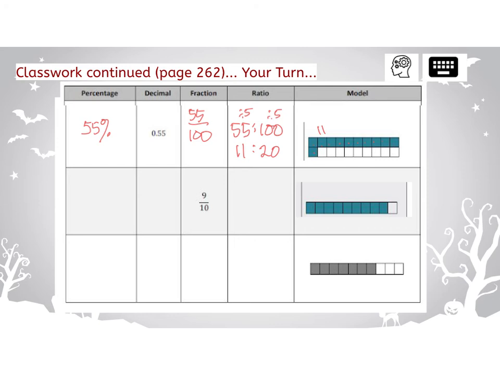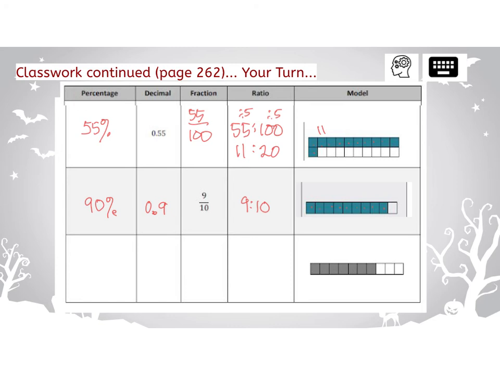And then 9 out of 10, the fraction, I'm going to go 9 to 10. And this 9/10 looks like that as a decimal. And so 9/10, 9 out of 10 is actually 90%, like on a quiz or something. Okay, so here I have 1, 2, 3, 4, 5, 6, 7, 8, 9.